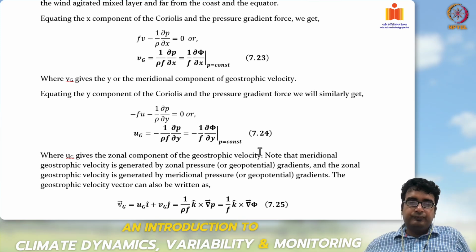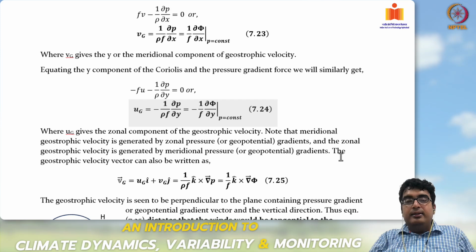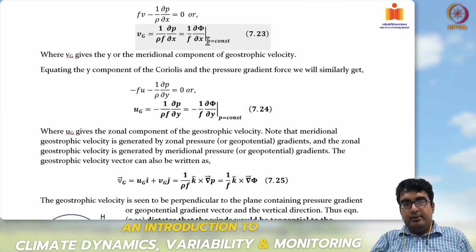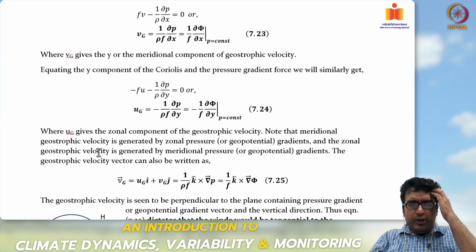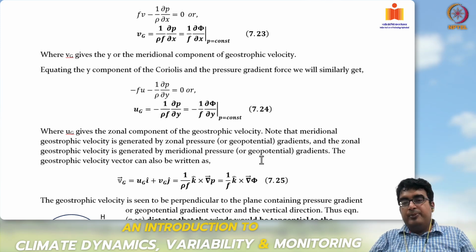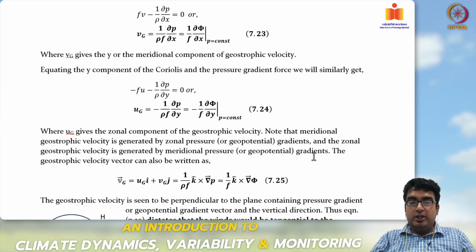So note here that the meridional geostrophic velocity is generated by the zonal pressure or zonal geopotential gradient, whereas the zonal velocity, this one, is generated by the meridional pressure or meridional geopotential gradient.